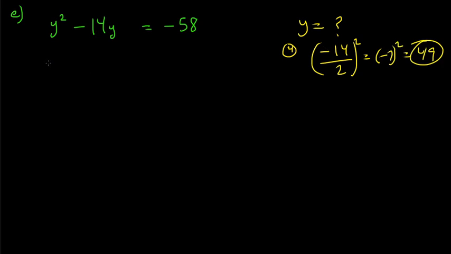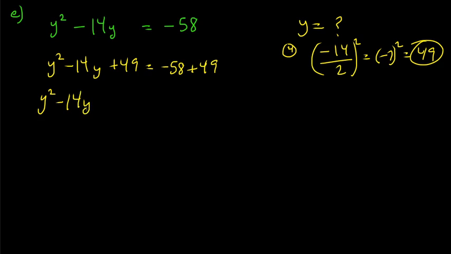I'm going to add 49 to both sides. So the left side, y squared minus 14y plus 49. And on the right side, negative 58 plus 49, I think, is just negative 9.